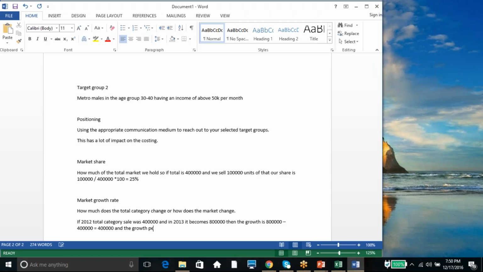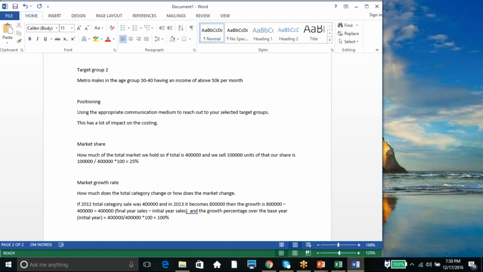And the growth percentage over the base year is equal to 4 lakhs divided by 4 lakhs into 100, which is equal to 100%.